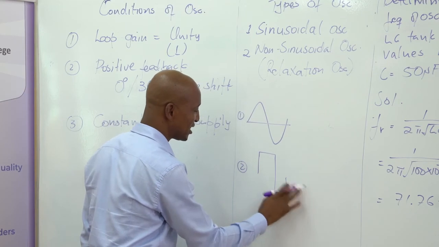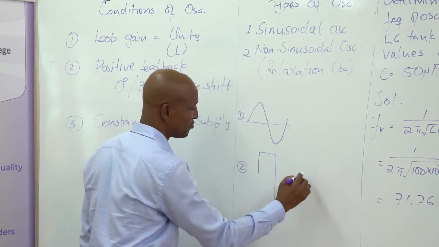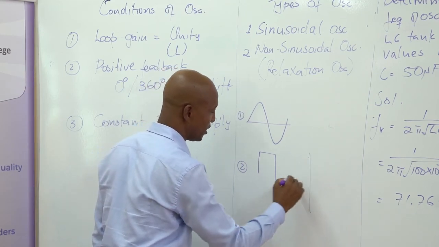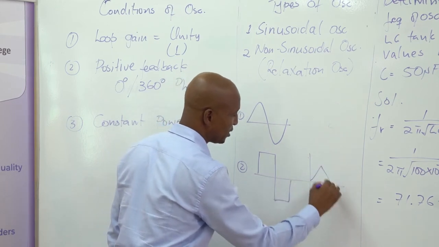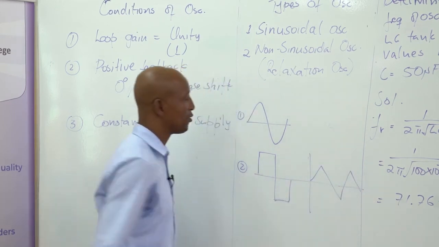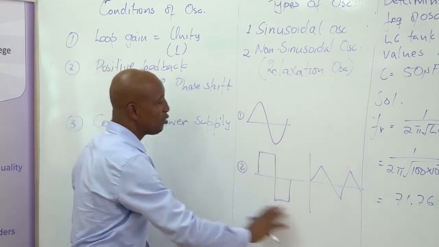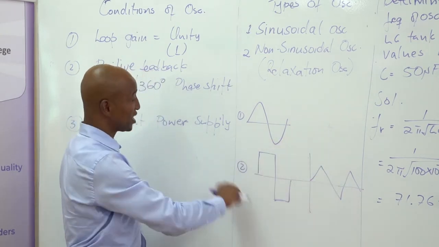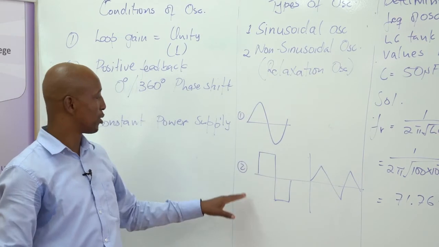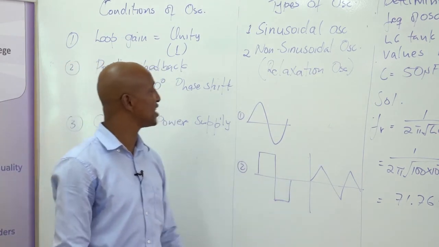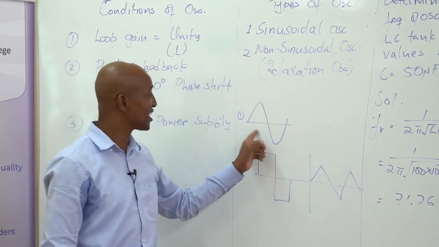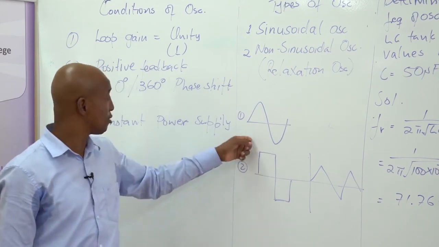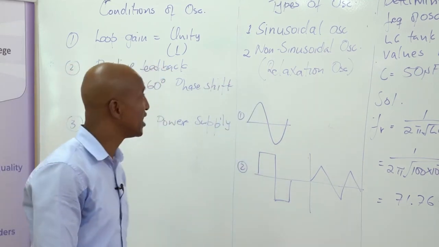In most cases, it's a square or triangular waveform. So all those oscillators which cannot provide us with a sine wave, we call them relaxation oscillators. All those which provide us with a sine wave are called sinusoidal oscillators.